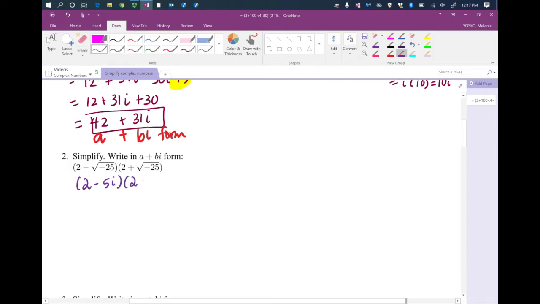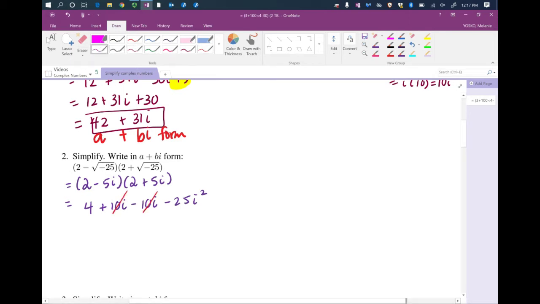And then we'll have 2 plus 5i. So let's FOIL it as we did before. First is 2 times 2 is 4. Outer, 2 times 5i is plus 10i. Then we have the inner, -5i times 2 is -10i. And last, -5i times 5i, we get a -25i squared. Oh, look, the middle terms cancel.